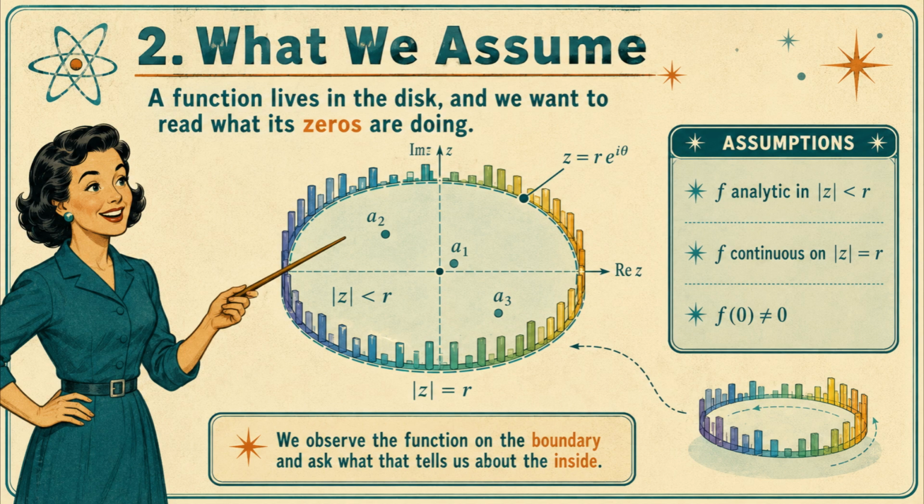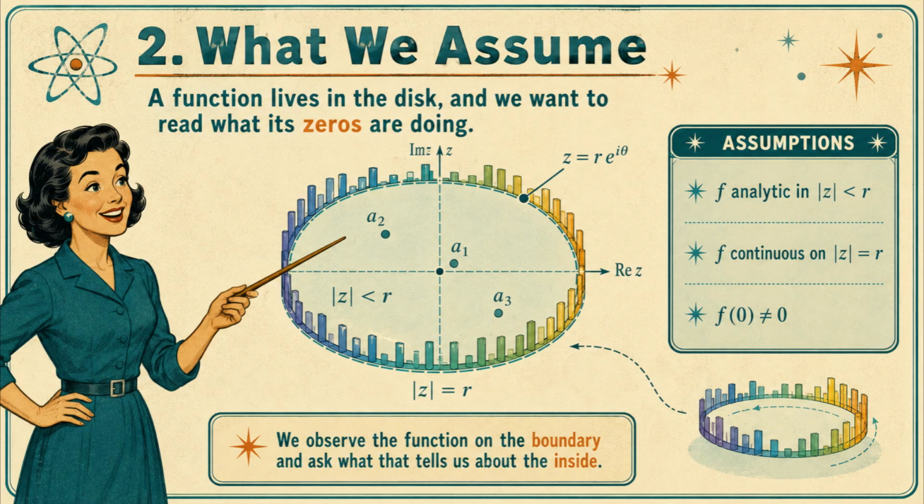The function has to behave nicely inside the disk. In complex analysis, that means the function is analytic. For this video, think of analytic as meaning smooth, rigid, and deeply connected. The values of an analytic function are not random. What happens inside affects what happens around the outside.